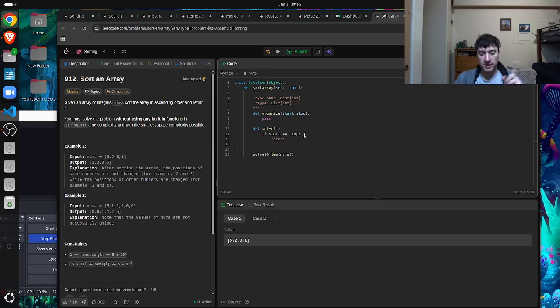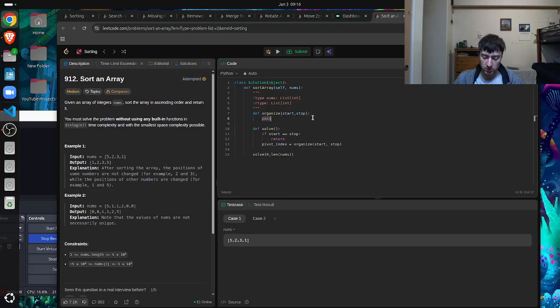But if it's not that case, if we even have 2, I need to send that to the organize, right? And then I'll also need to know the pivot location. So pivot index is going to be equal to organize, with start, stop, like this, okay?